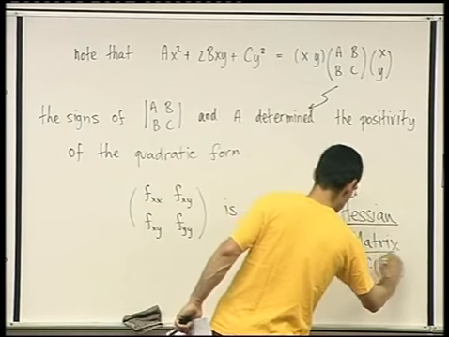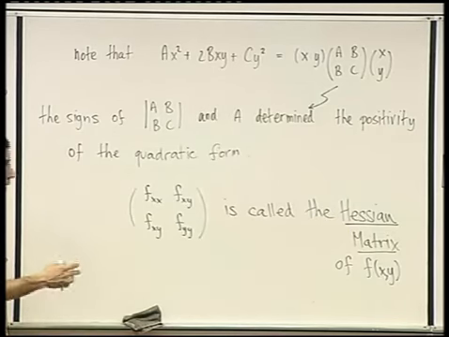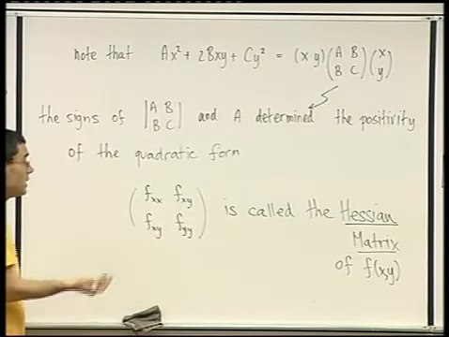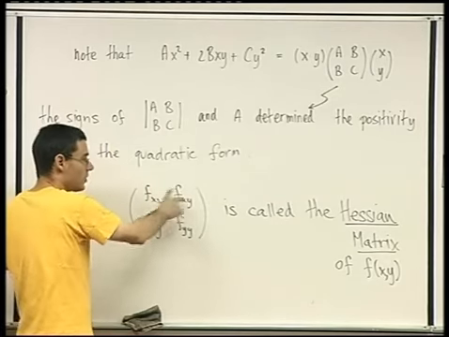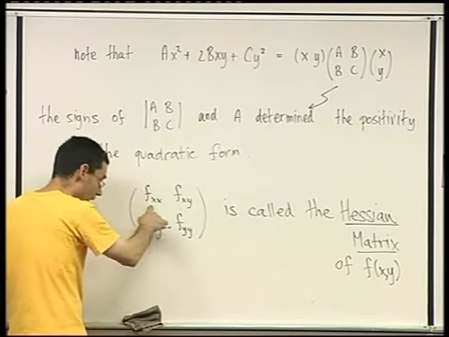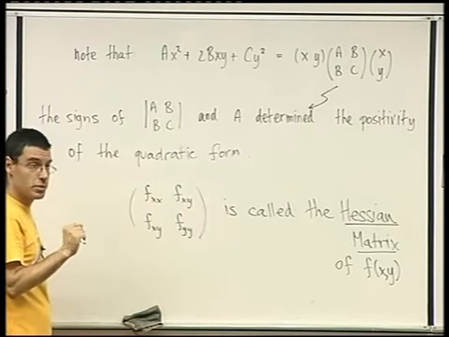in this course, I'm not going to go into higher order or more variable examples of this, but in general, one can write the Hessian matrix for a function of three variables. It's going to be fxx, fxy, fxz. Always the second order partial derivatives.